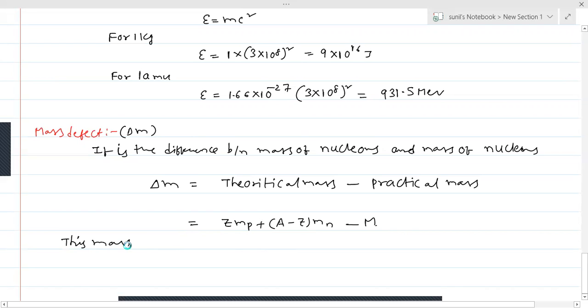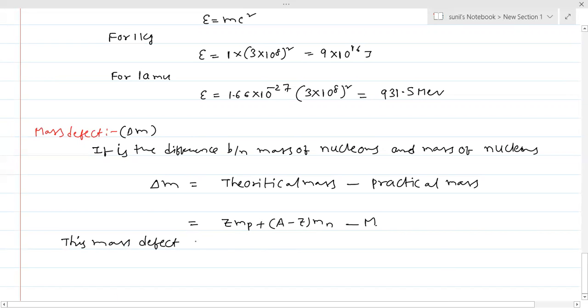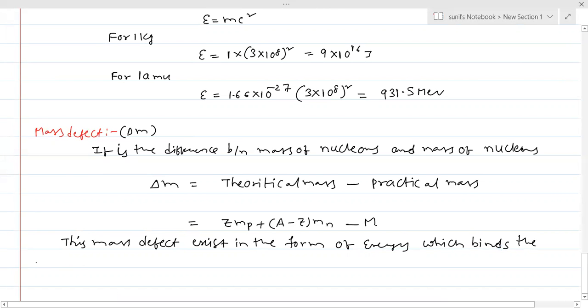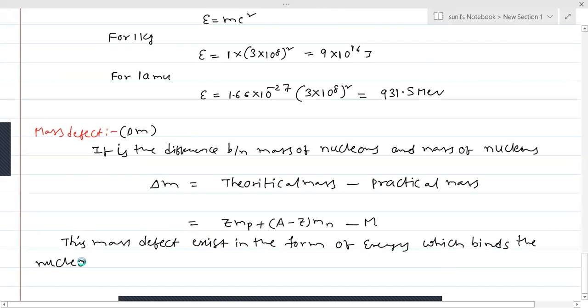This mass defect exists in the form of energy, which binds the nucleons.